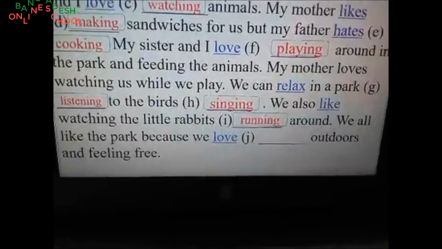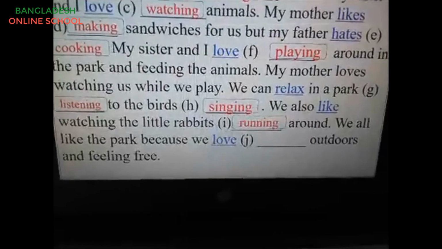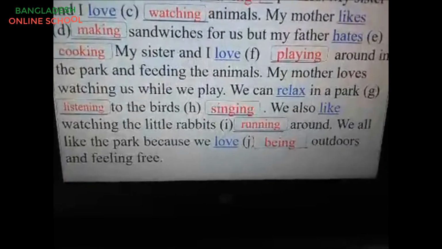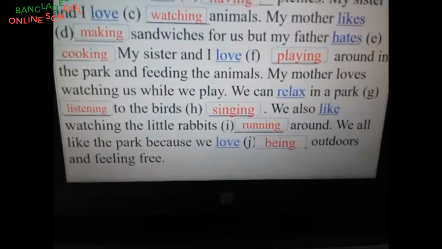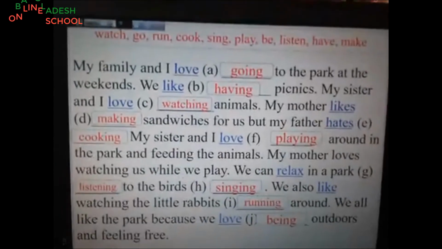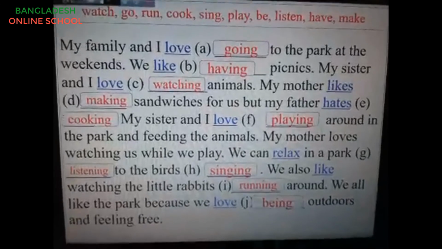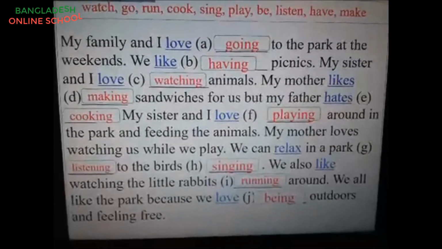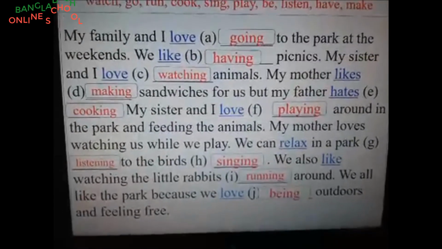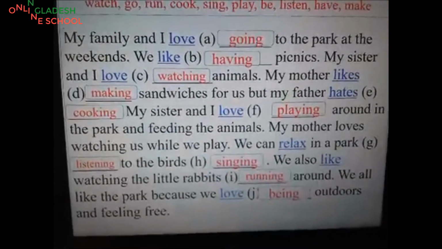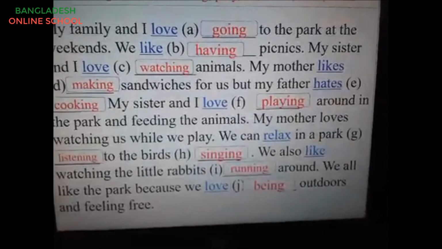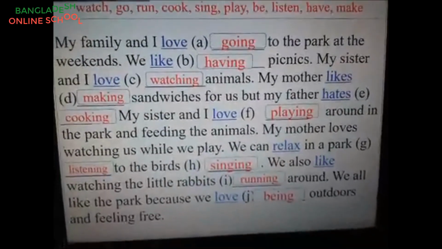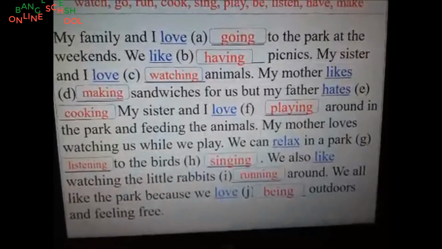We all like the park because we love being outdoors and feeling free. Students, you have seen that in every simple sentence there is a finite verb, and after the finite verb there is a verb, and this verb is used as a present participle or -ing form.